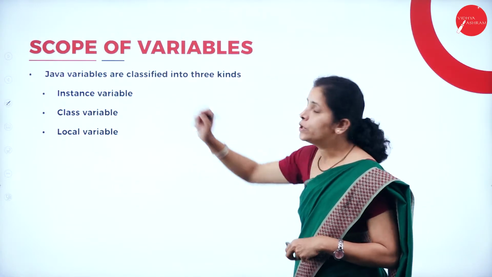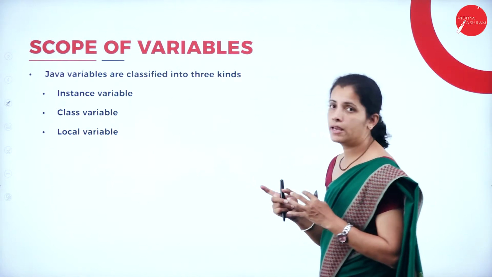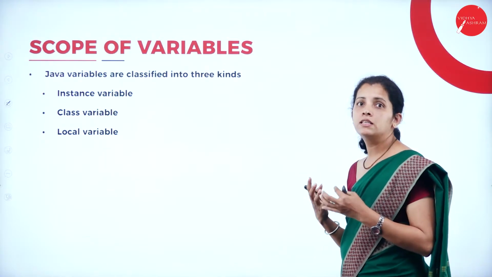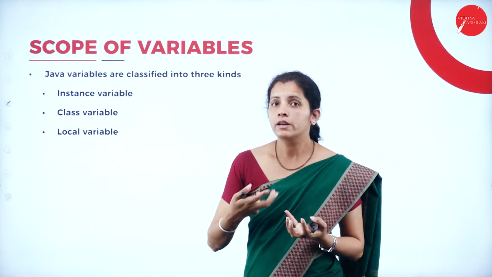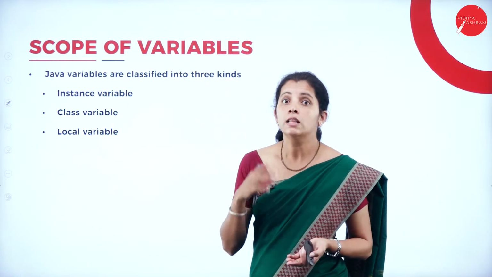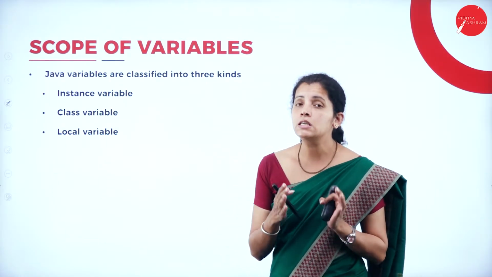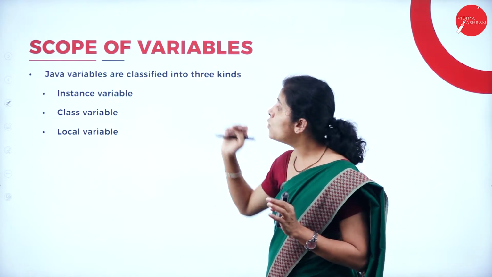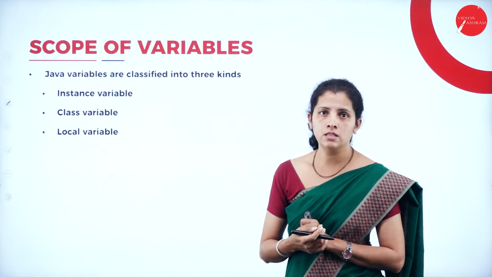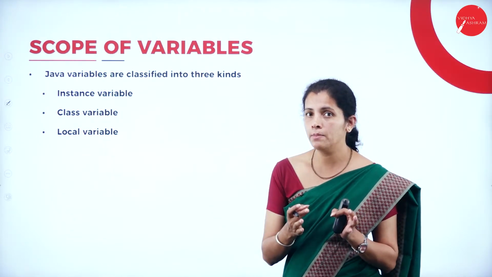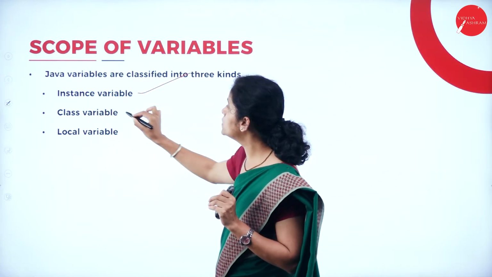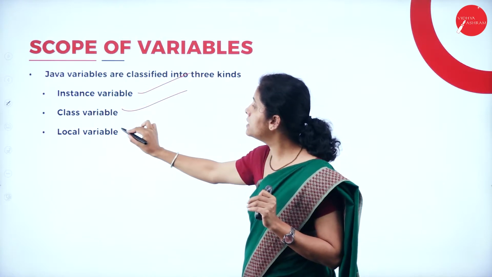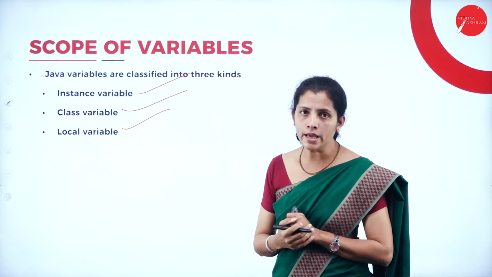Now I'm going to discuss the scope of the variables. Till now we were discussing variables and how to read the variables. When I talk about variables, there are three types: instance variable, class variable, as well as local variable.